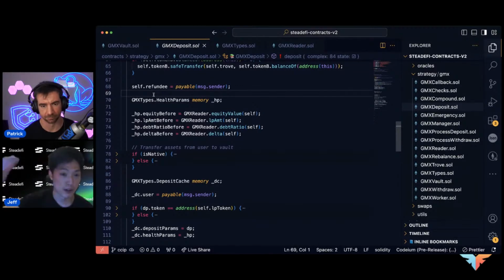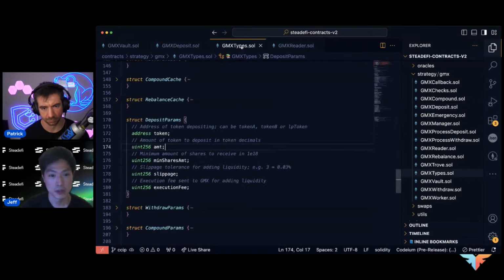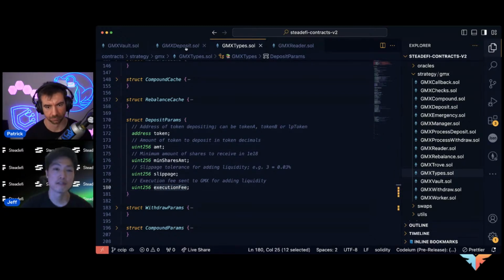Because of the two-step process again, what we need to do when we call any functions that interact with GMX is that we have to pass something called an execution fee. If you go back to types again, you'll see execution fee shows up very commonly. And execution fee is literally native tokens like ETH in Arbitrum or AVAX on Avalanche.